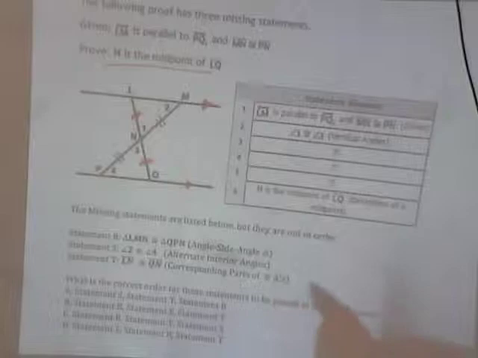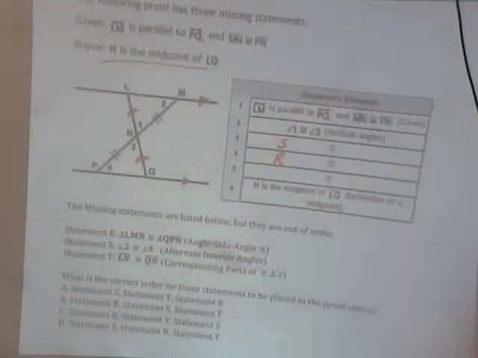So that would have to go here, statement S. And then we could prove the 2 triangles congruent, statement R, by angle, side, angle. And then CPCTC was the last. So which one is SRT? D. Good.